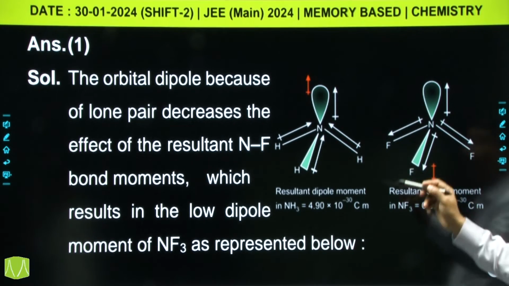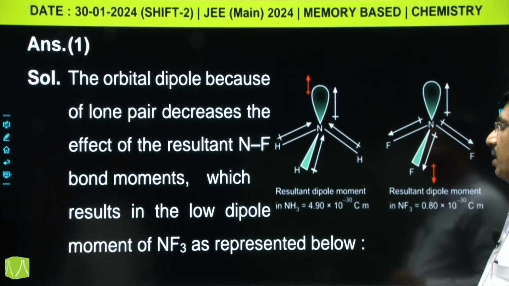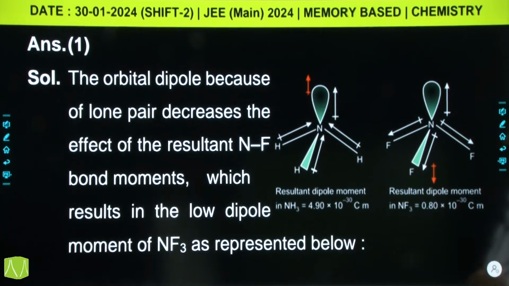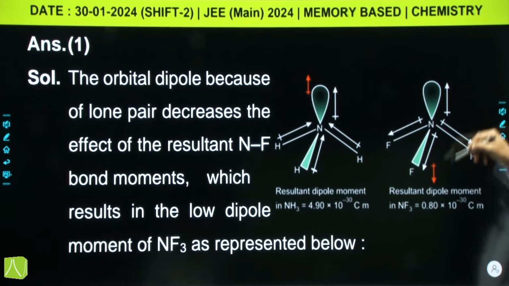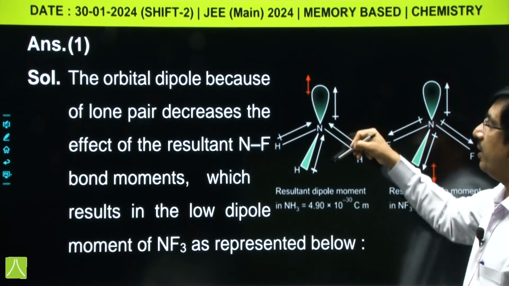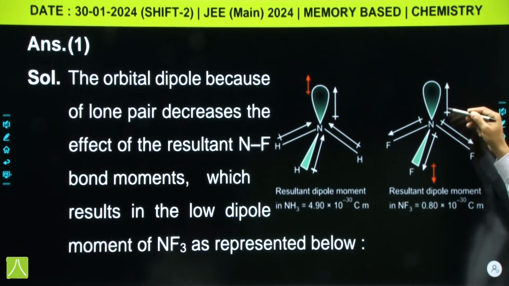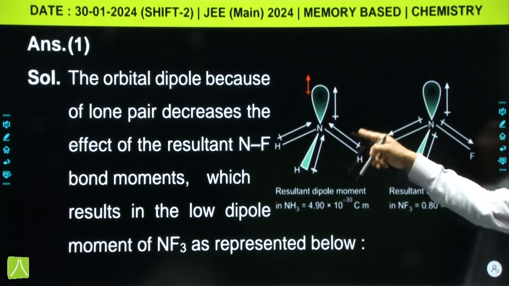So, as a result, the resultant dipole moment of NH3 is more than that of NF3, because there are two opposite directions. Here all the bond moments are in the same direction. That is why the net dipole moment will be less than that of NH3.